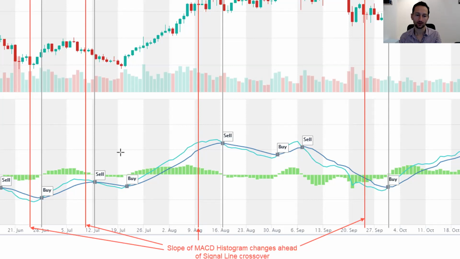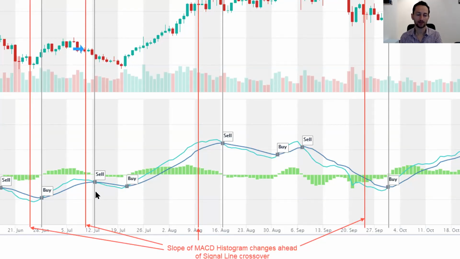Now, the positive is that the histogram bars can give you some early indications of inflection in momentum up or down. And if we sold at this point, highlighted by the red line, we would have sold about right here.